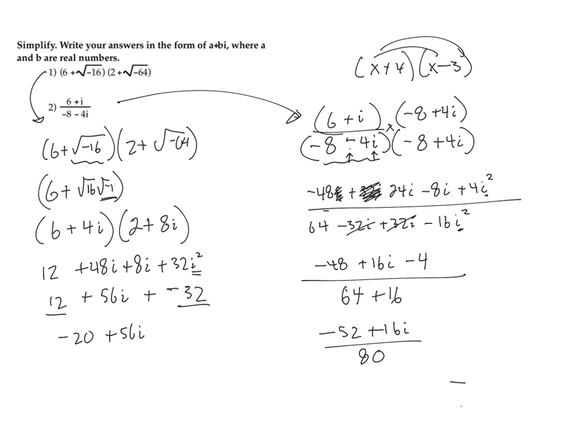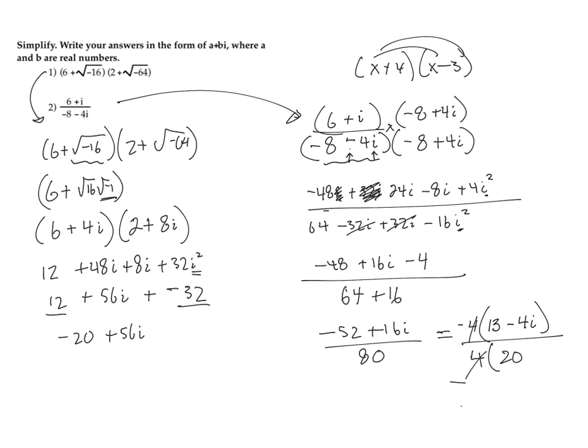But I think 4 will divide into all of those things. So you could do it like this, factor a 4 out of the top. Maybe I'll factor minus 4 out. And so I'll get 13 minus 4i. And then if I factor the bottom one to have a 4 in it, it'd be 4 times 20.